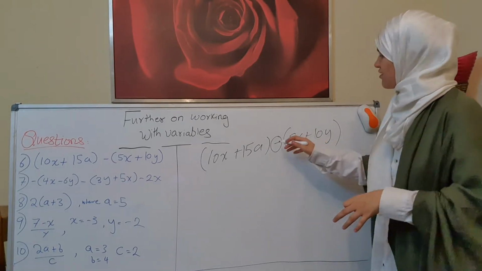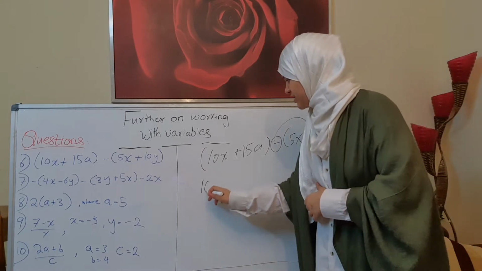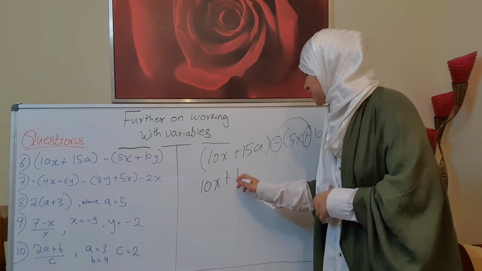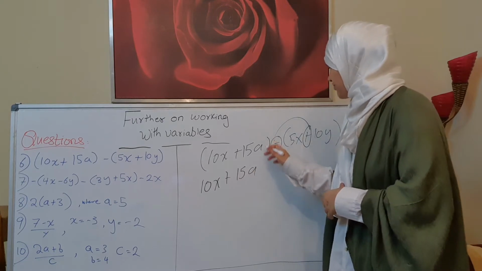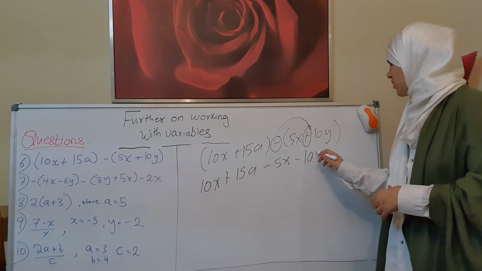Like for example, here negative times positive, it will be negative. So that means 10x plus 15a minus 5x minus 10y.